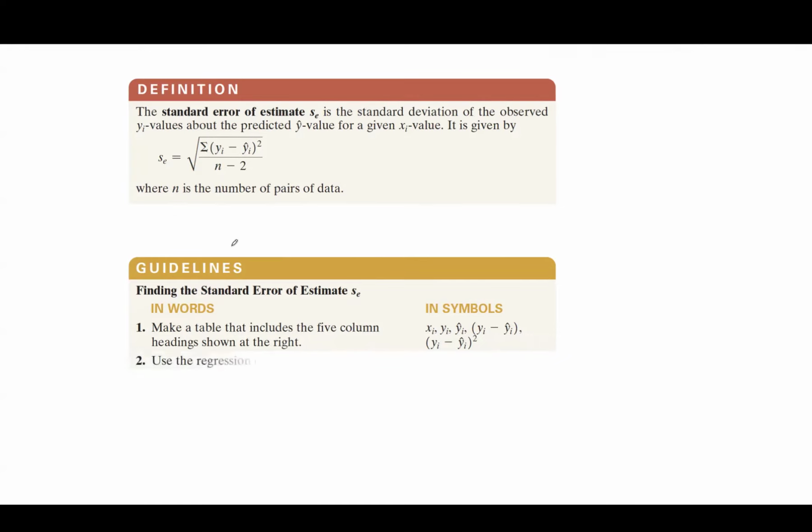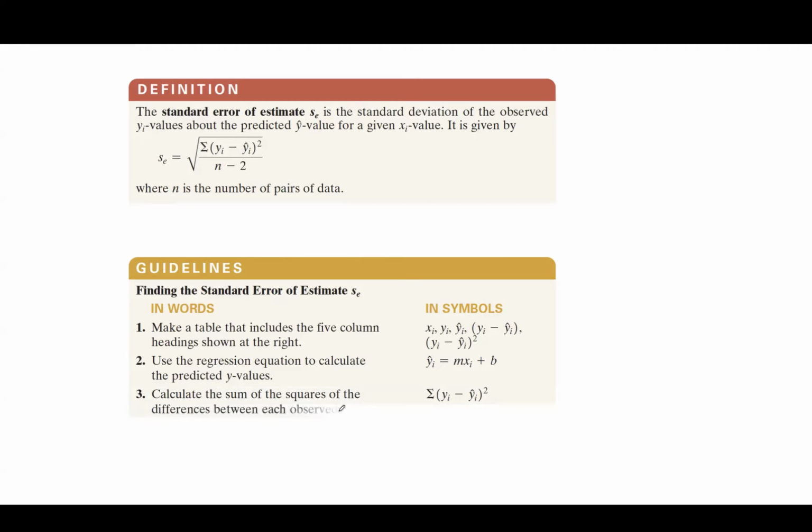Use the regression equation to calculate the regression line, which is y hat equals mx plus b. Calculate the sum of the squares and then divide them by n minus 2 and then take the square root.